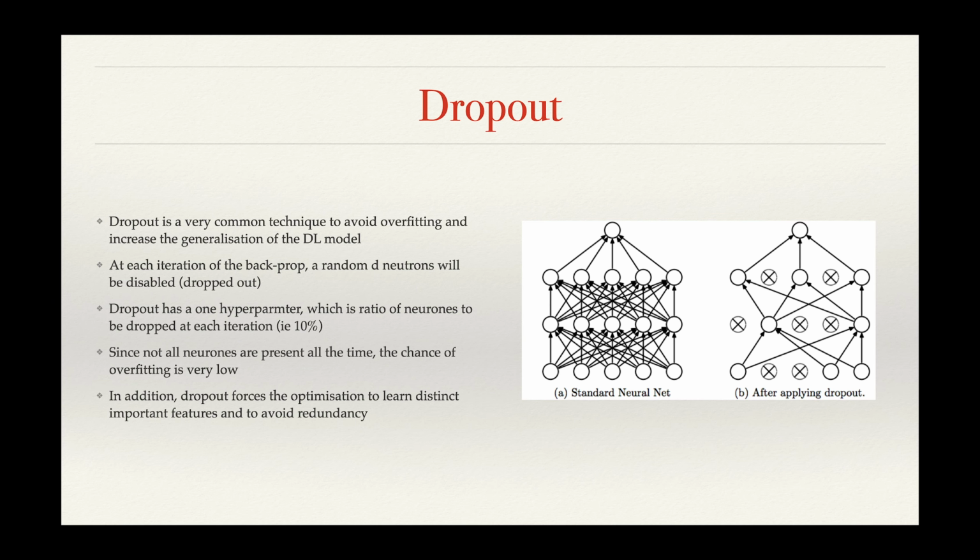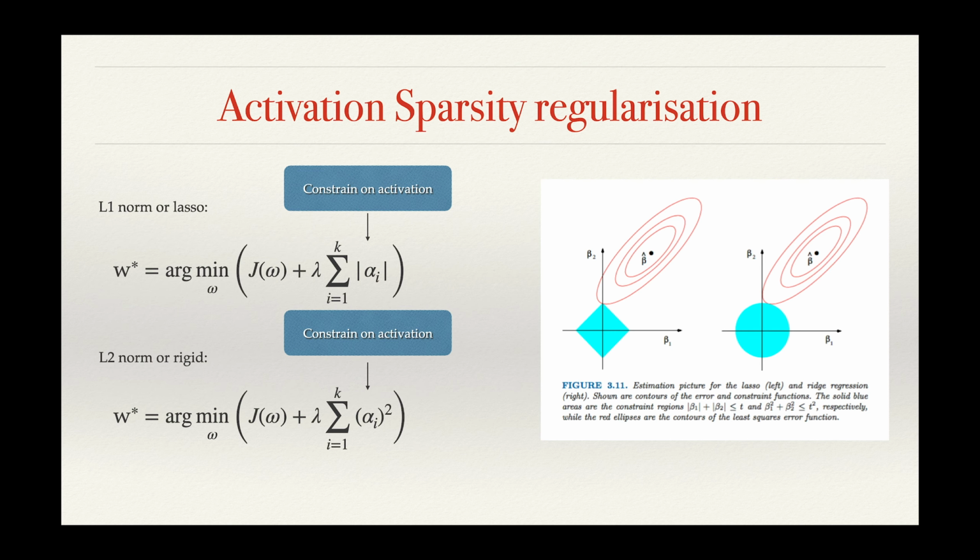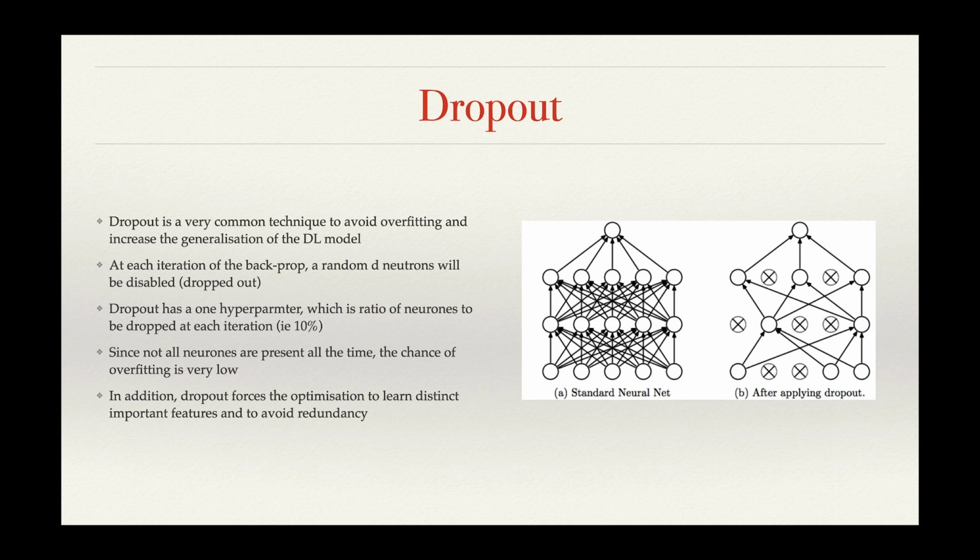Another very common regularization method is called dropout. The idea of dropout is similar to the L1 and L2 norms. It's mainly similar to the activation regularization. The idea here is basically that at each iteration of the backprop, random neurons are dropped. Here, as we see, this is our fully connected network.